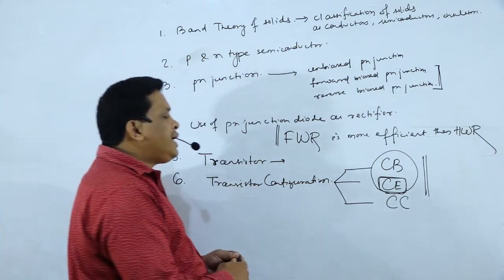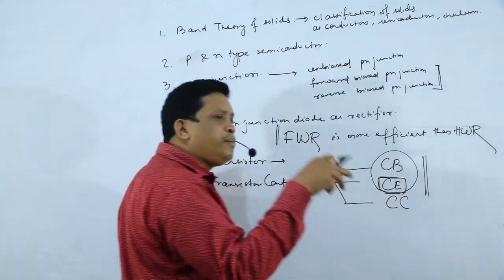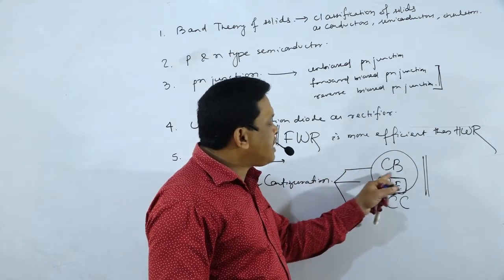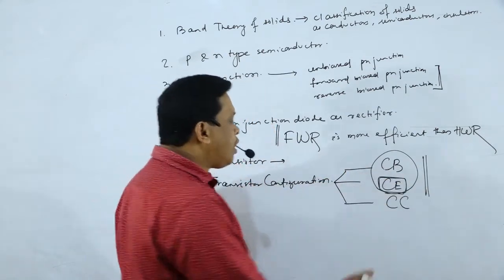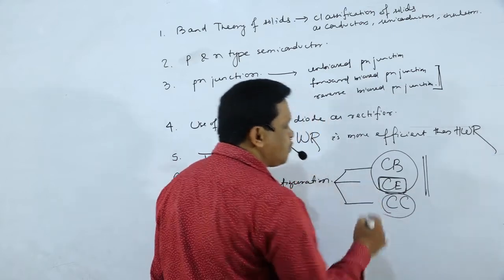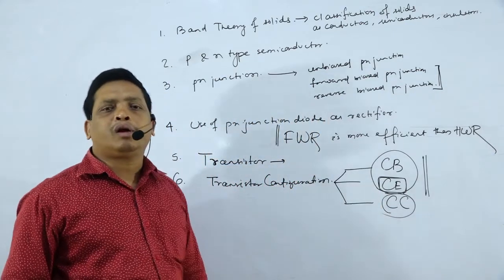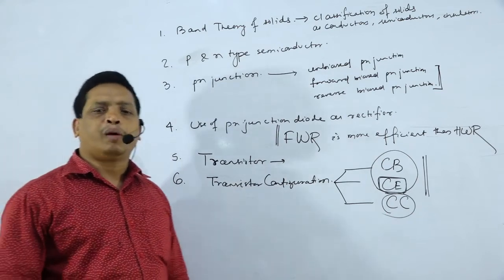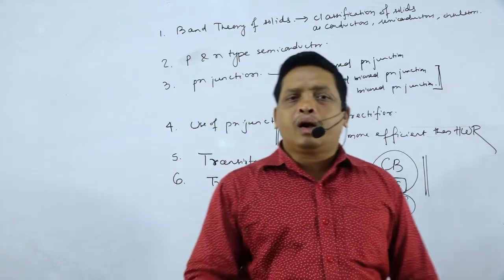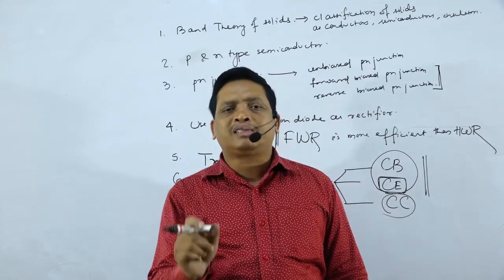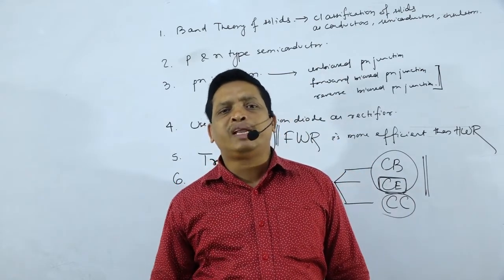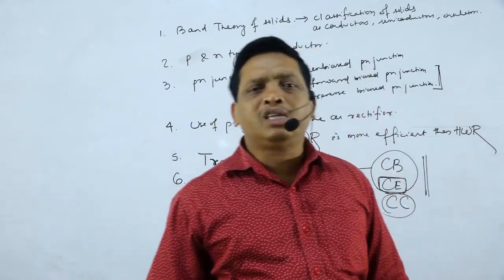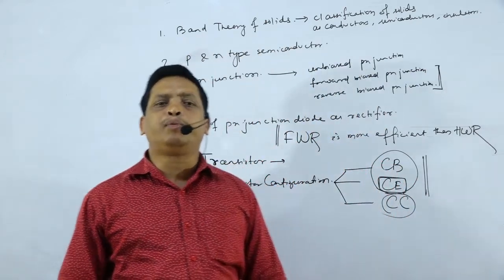So since the transistor is mainly used as an amplifier, I taught common base and common emitter. I have not taught you the common collector because common collector configuration is not used for amplification purpose. Why? Because in the common collector configuration, voltage gain is very small. No voltage gain. So output is very small in comparison to input.